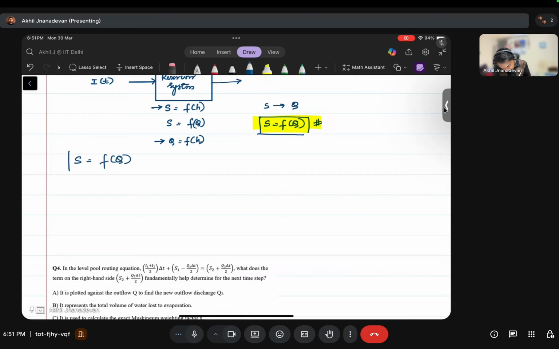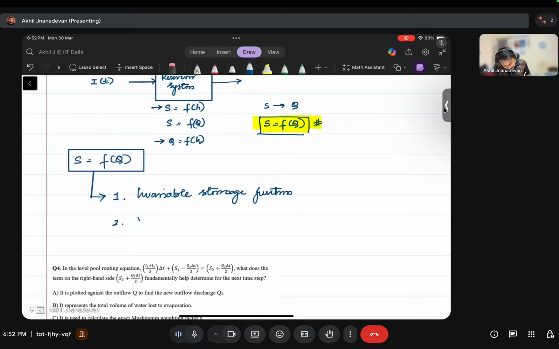two types. This relationship can be one, an invariable storage function, and two, a variable storage function.